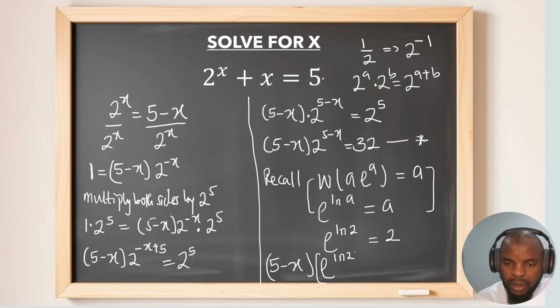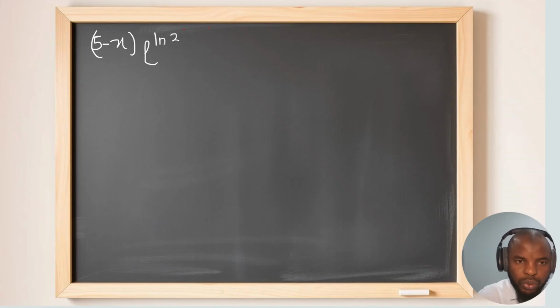Okay, this is my 2 written in this form, and the power is going to be 5 minus x equals 32. Now, let me rewrite this same function in the next slide. In the previous slide, I have 5 minus x, exponential ln 2 in parentheses, and outside the parentheses I have 5 minus x equals 32.